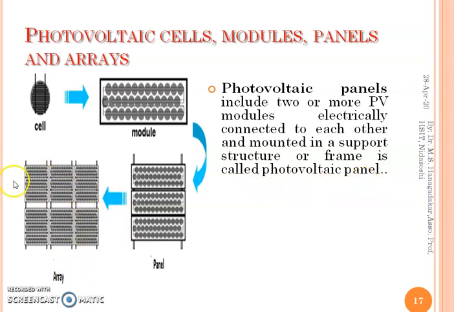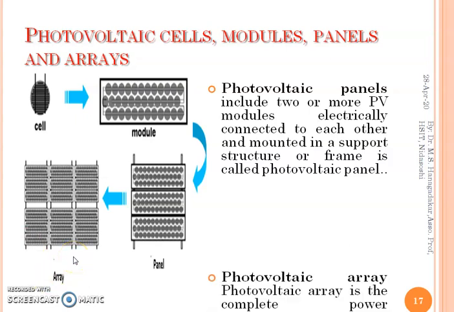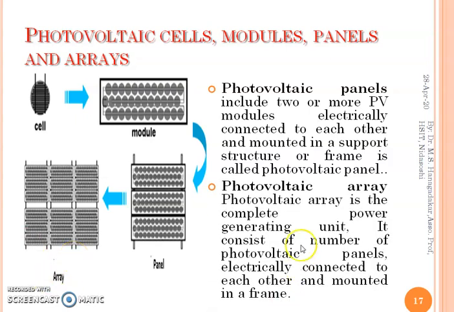Now let us observe the big structure. By the combination of several panels, in series and parallel, we get the next big structure called the array. What is meant by a photovoltaic array? The photovoltaic array is the complete power generating unit.